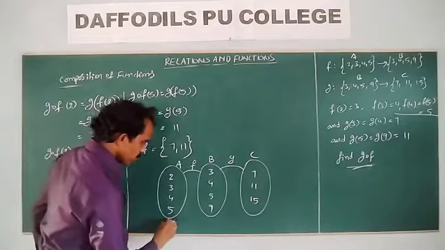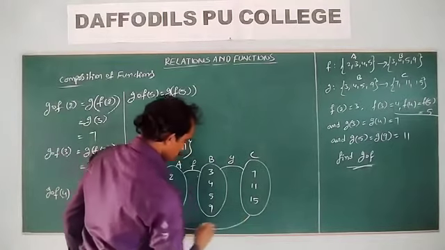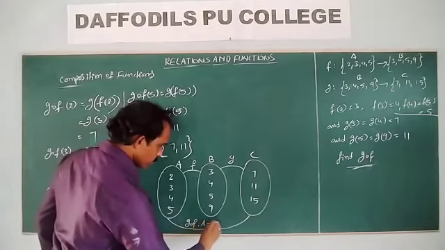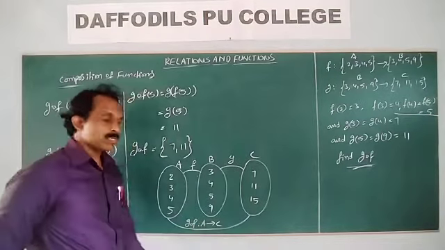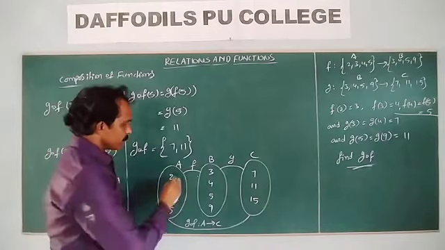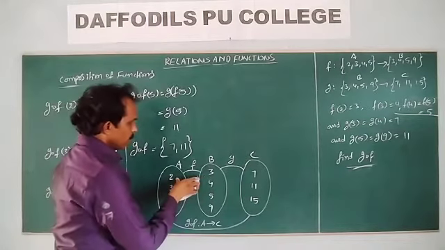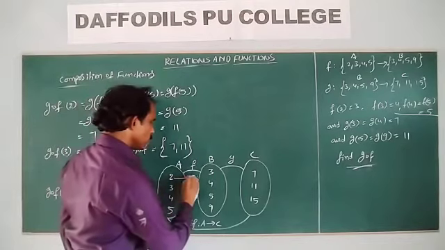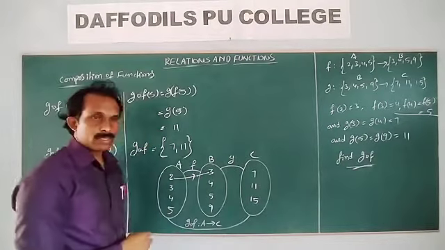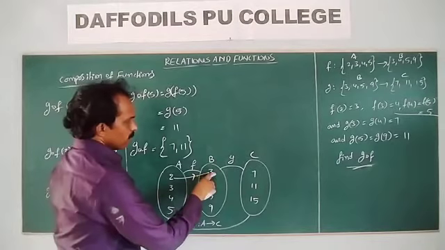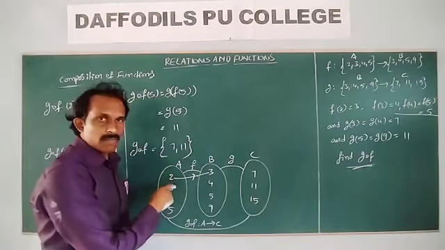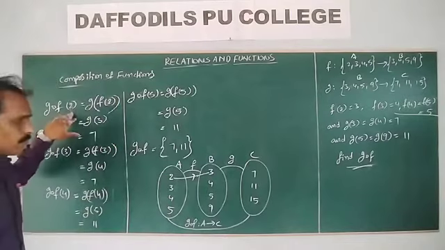Once you observe G circle F, what is G circle F? G circle F means A to C. First, F of 2 value is 3. And we want G circle F of 2.